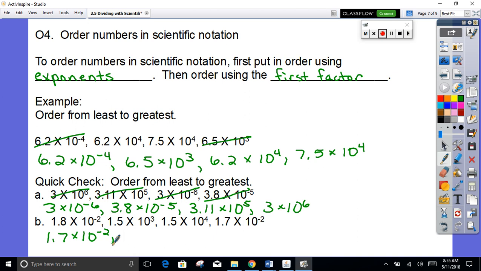So 0.017 is going to be smaller than 0.018. So it's 1.8 times 10 to the negative 2. And then, Violet, which one will go next? 1.5 times 10 to the 3rd. Good. 1.5 times 10 to the 3rd, and then 1.5 times 10 to the 4th.